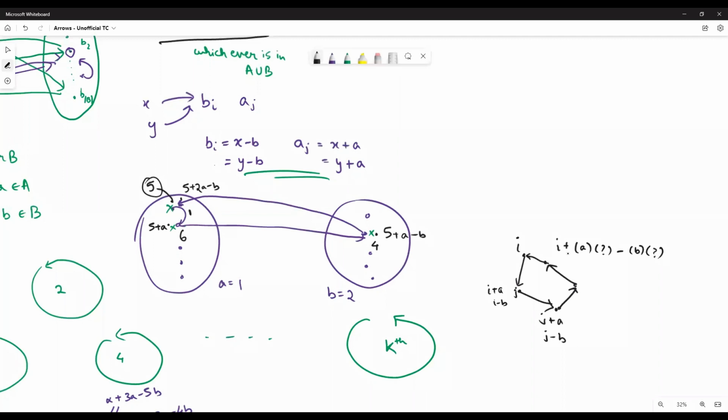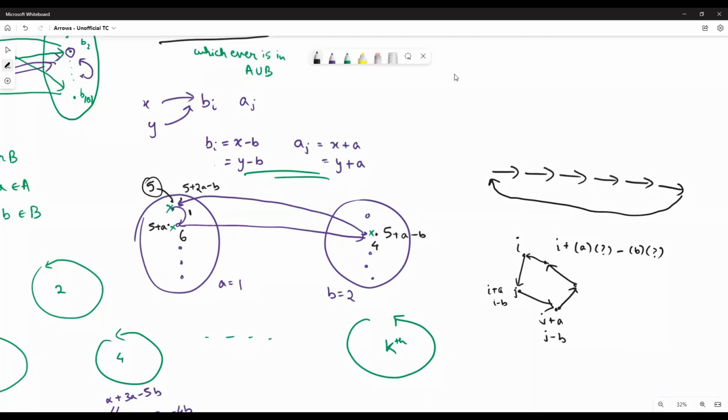If we follow a bunch of arrows, we add some a's and subtract a few b's. To get back to our original number, we add a bunch of a's, subtract a bunch of b's, and get the same number. That's how a cycle is defined. Do you get this?